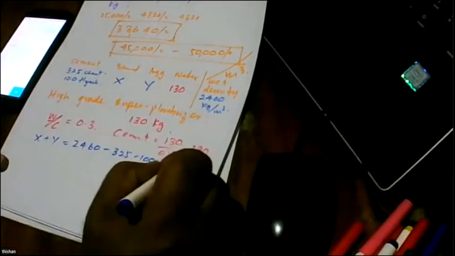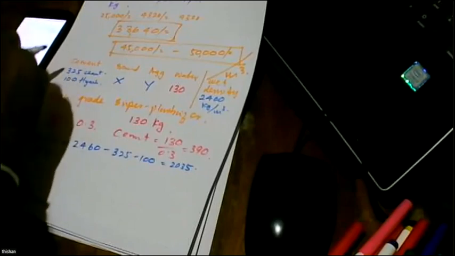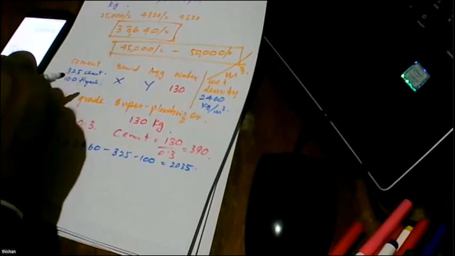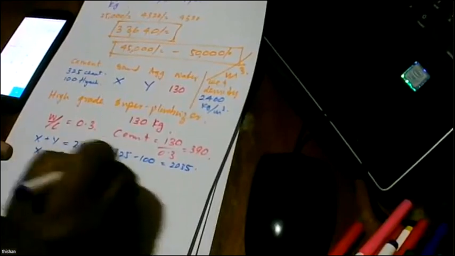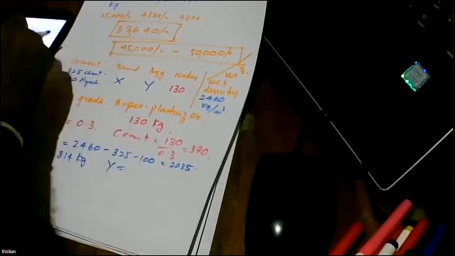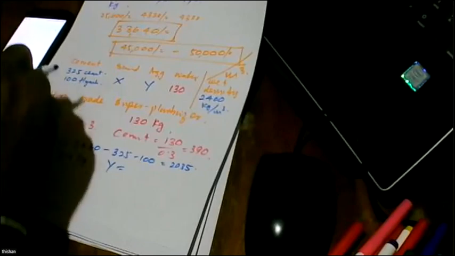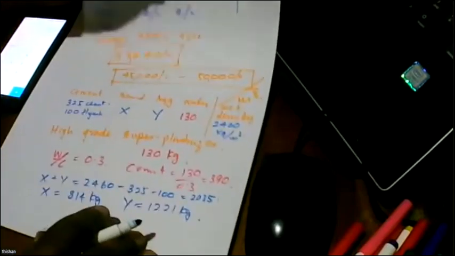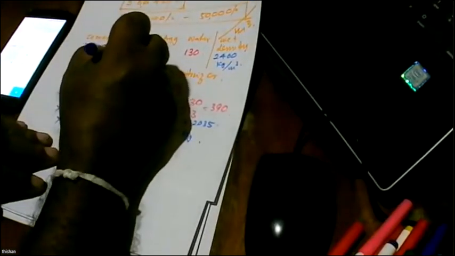So we are going to get 2035, and x is equal to 2035 divided by 2.5. I'm going to take the same coarse to fine ratio, 814. Y is 2035 minus 814, 1221 kilograms. So now we are going to end up with 814 and 1221.